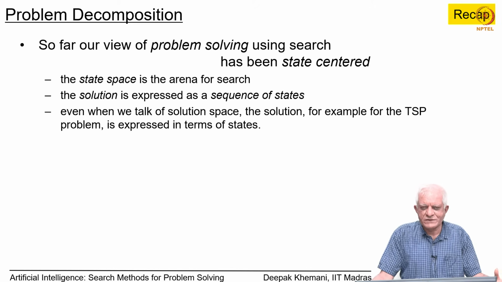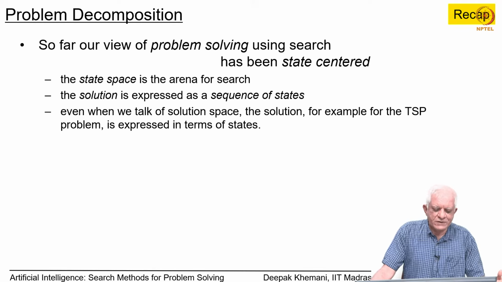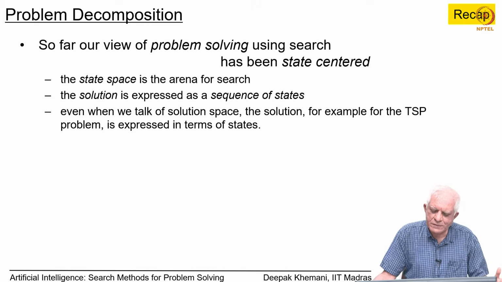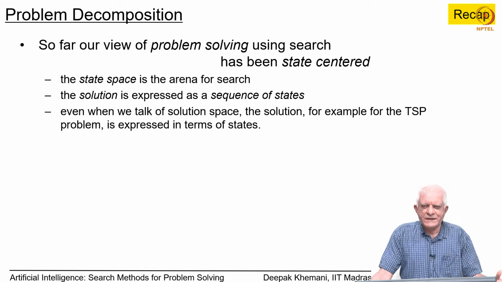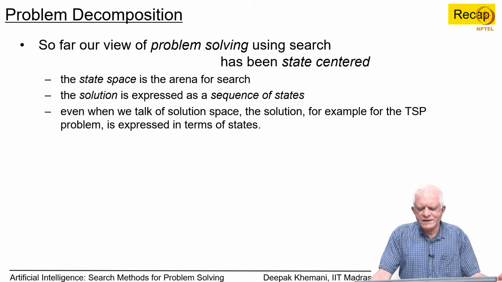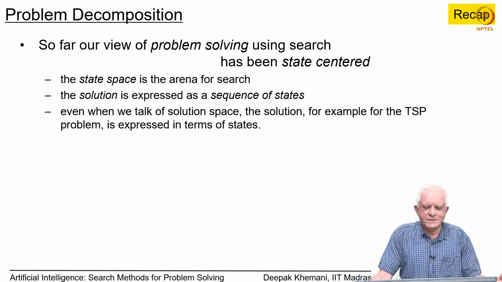The state space was the arena in which we were doing search, and the solution that we were looking for was either expressed as a final state if it was a configuration problem, or it was expressed as a sequence of states if it was a planning problem. Even when we talked about solution space, the solution, for example, for the TSP problem as we looked at was expressed in terms of the states essentially.